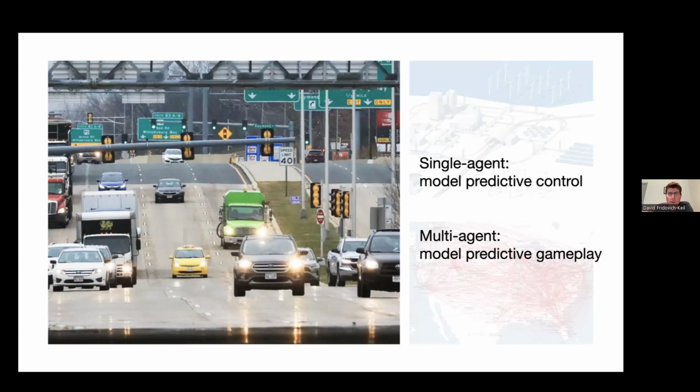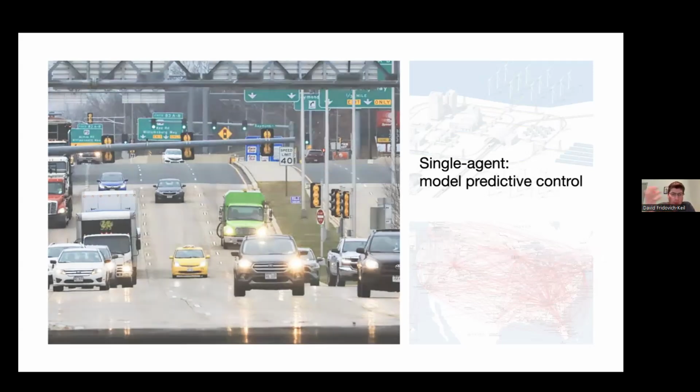That's model predictive control in a nutshell, and you can think of the game theoretic tools and algorithms we'll be developing in this talk as a multi-agent analog to this model predictive control worldview. I want to show you a little bit of what I mean there.